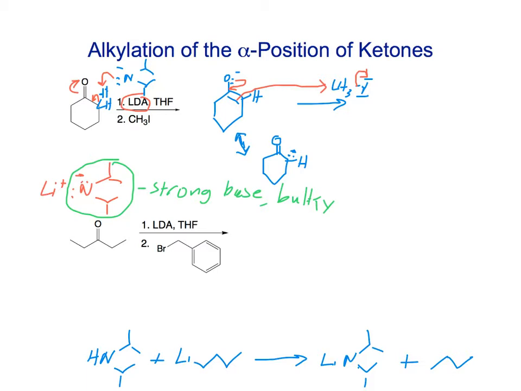So this is just simply an SN2 substitution. Okay, so our product is just going to now have, it still has one H here, and we've added a methyl group to the alpha position.